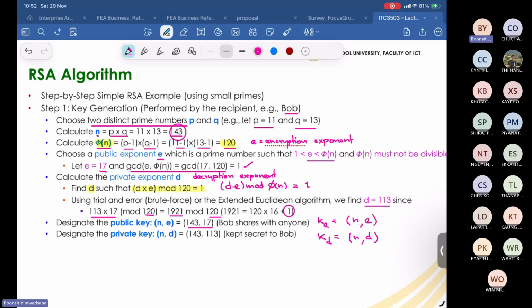But the problem itself is so difficult, because if you involve very large prime numbers, like 128 bits for example, then you have to spend a very long time to decrypt this or to find information about this key. And once we have this public key, the decryption key, we call it the private key, is 113. Actually, we can swap these two numbers, but for the story that I have arranged so far, the first key that we found is the public key.